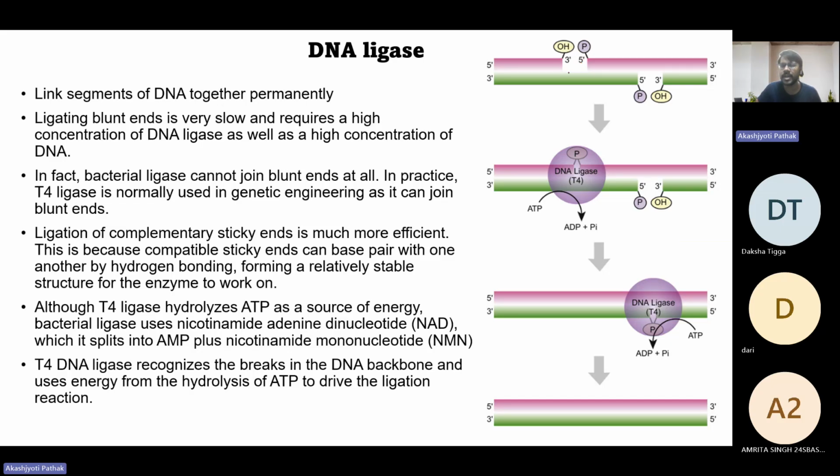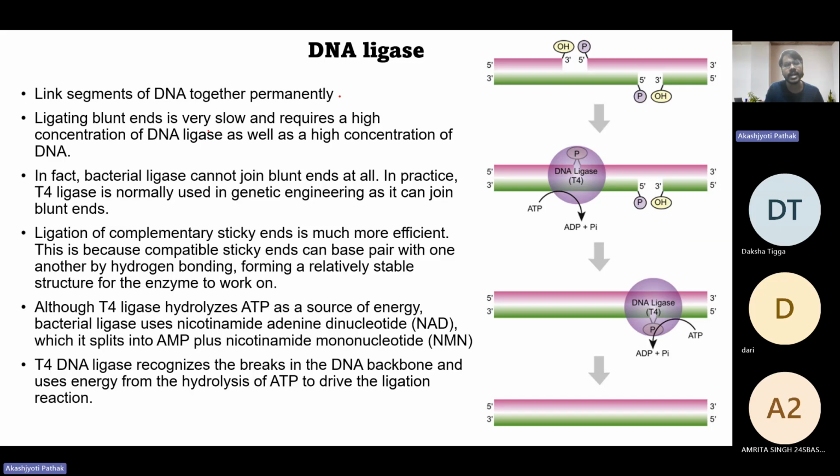Once it finds a free 3' OH group and a 5' phosphate group, it will bind to those regions, and by taking the energy obtained by hydrolysis of ATP, it will seal the two ends of the DNA. So DNA ligases are basically molecular glues. They link segments of DNA together permanently.